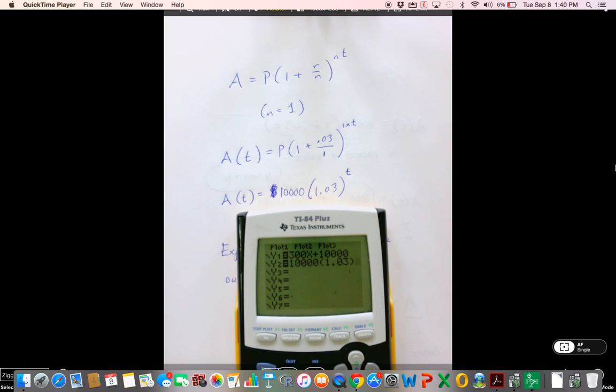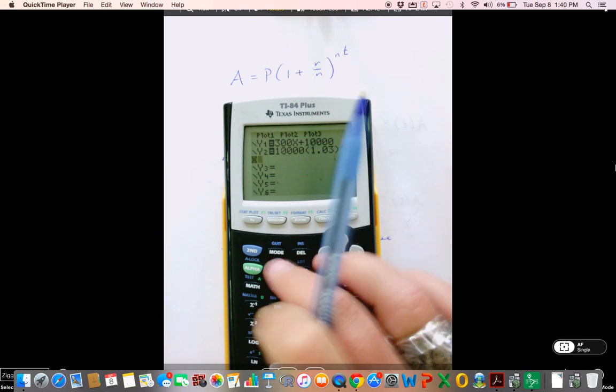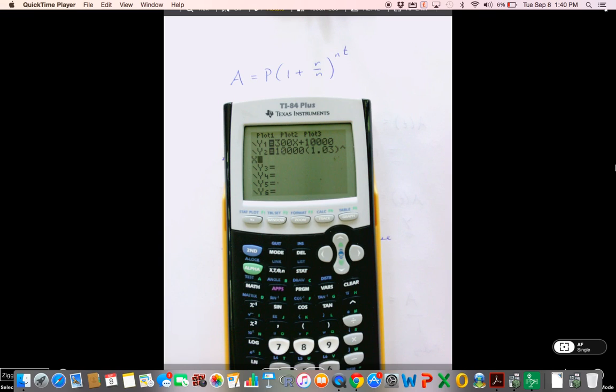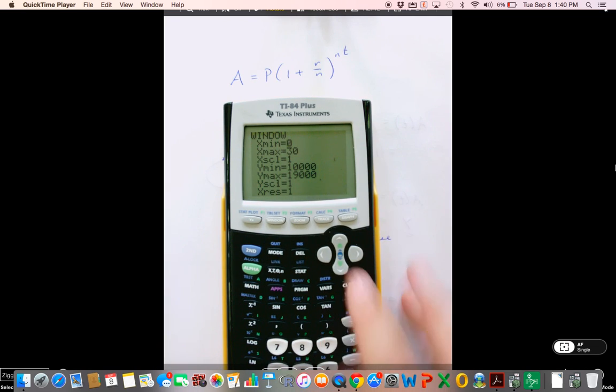So I want to erase that. To do to a power, we use this key right here, and I want x to be my variable. Okay. Now I want to go into my window, and I want to just get this back to, let's go 25 years.